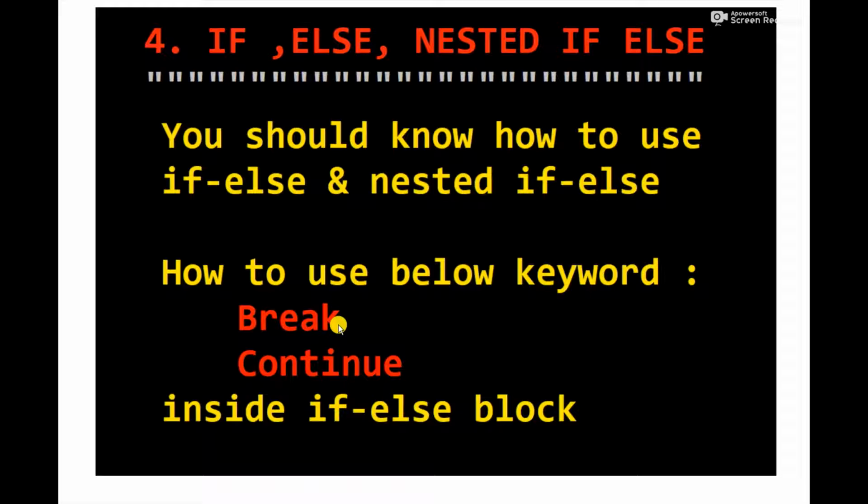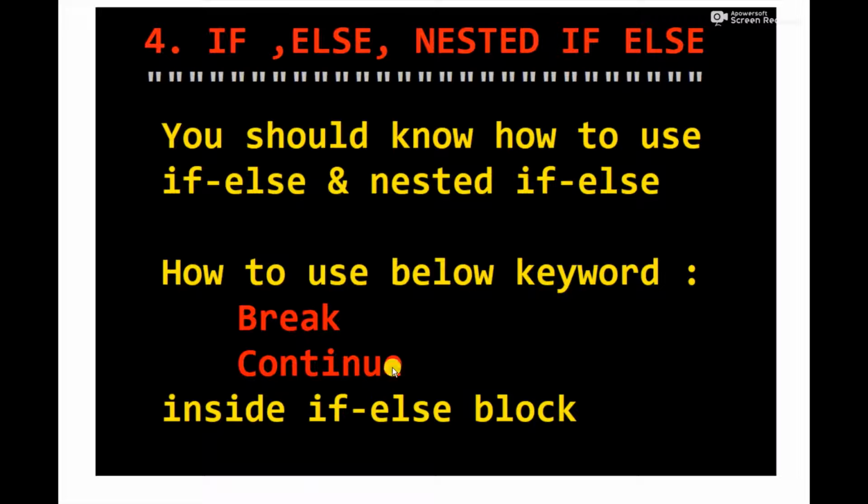If an if else block is inside a for loop and we want to terminate the loop at a particular condition, we use break. And continue, we use to continue our loop. So go and search the net for problems where you can see the use of continue and break.